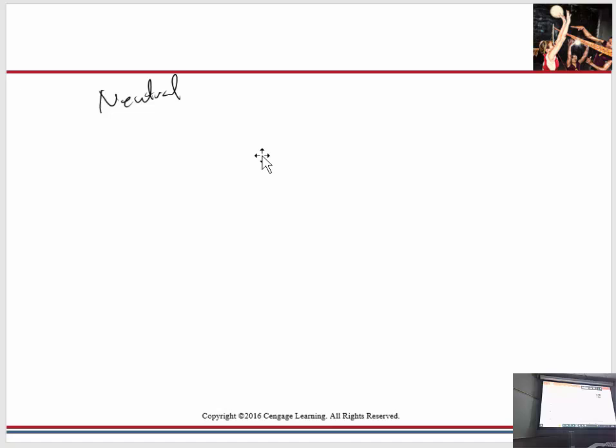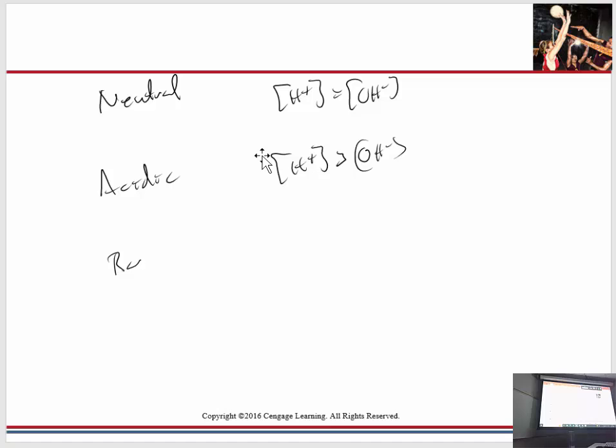Neutral just means that the H plus concentration is equal to the OH minus concentration. Acidic means that the H plus concentration is greater than the OH minus concentration. And basic means that the H plus concentration is less than the OH minus concentration.